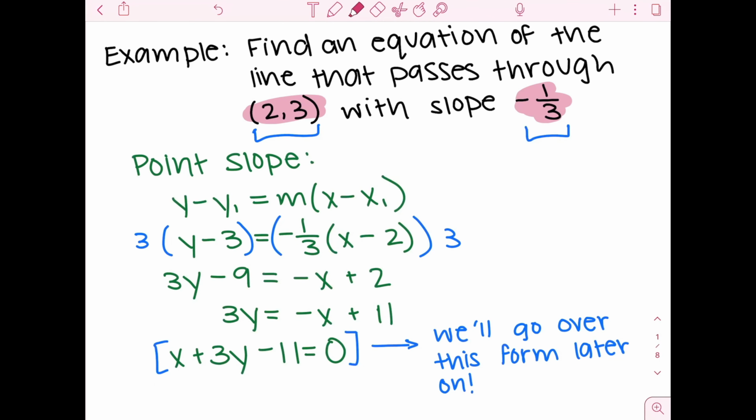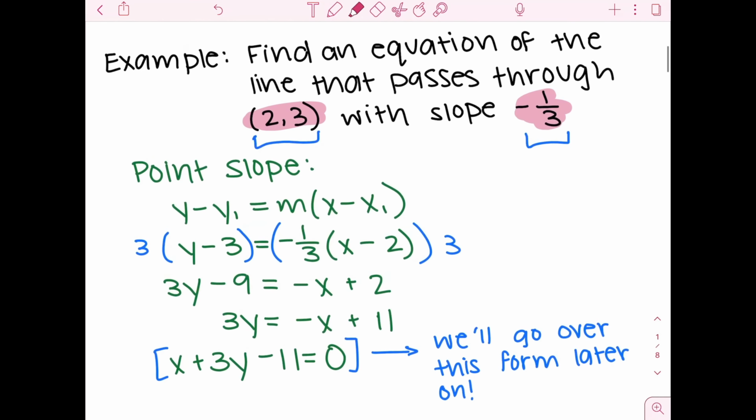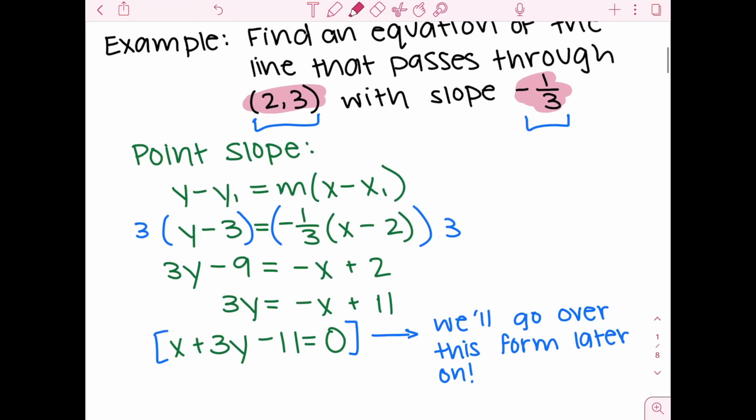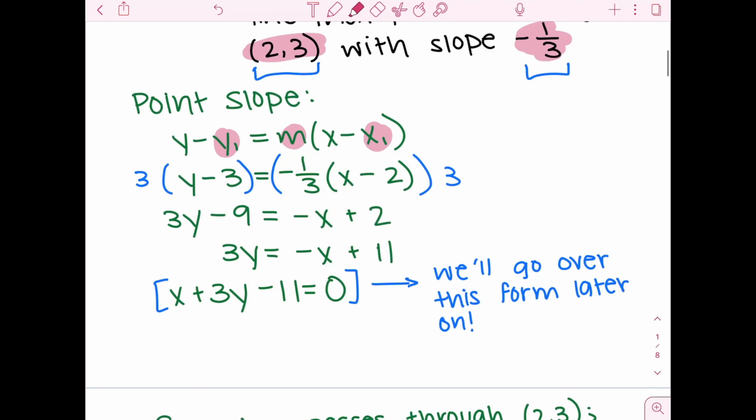If we're solving with point-slope form, we're going to want to set up our original form. So y minus y1 is equal to m times x minus x1. Once we have that in place, we're going to plug in our values for y1, m, and x1. And as stated before, 2, 3 is our x1, y1, and negative 1/3 is our m. So we're going to plug those values in.